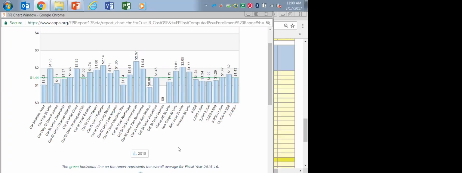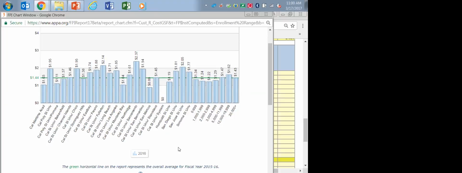Monterey Bay is at $1.04, isn't it? Yep. And San Marcos is at under $1, at 83 cents or something. So when the question comes, what would it cost to bring our custodial staff in-house? San Marcos would probably be looking at the difference between 88 cents to somewhere around $1.40.